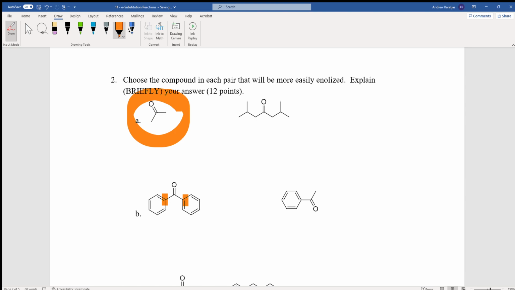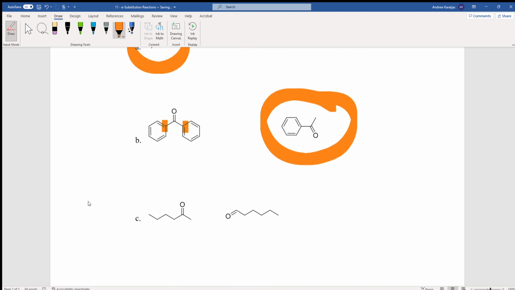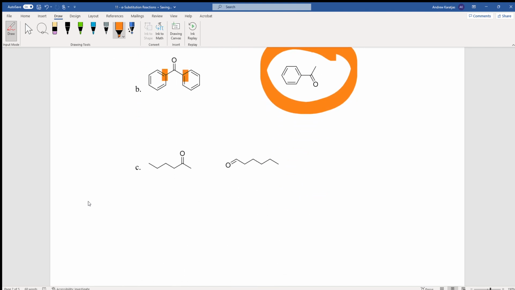So if our question says more easily enolized, this is the only one that can form an enolate. In part C, we have the ketone versus aldehyde. We know in general that aldehydes are more reactive because of less donating groups, and so that will be able to be enolized more easily.